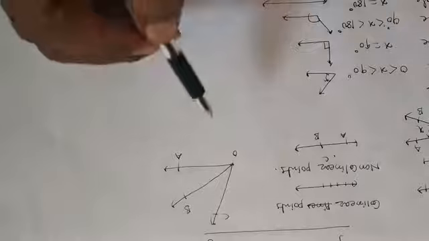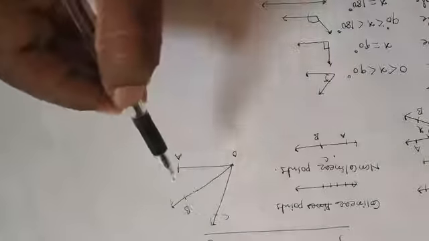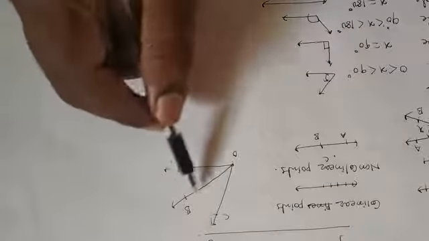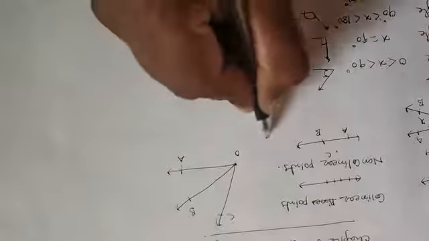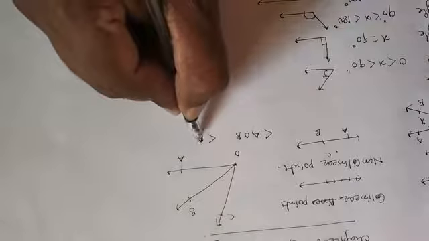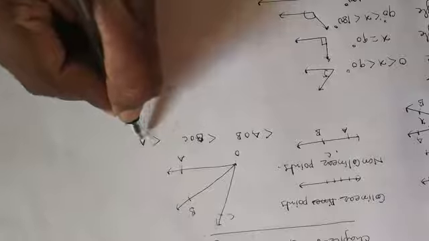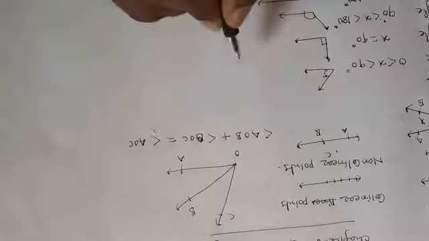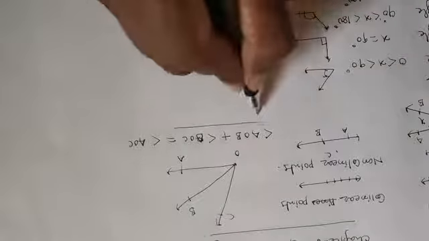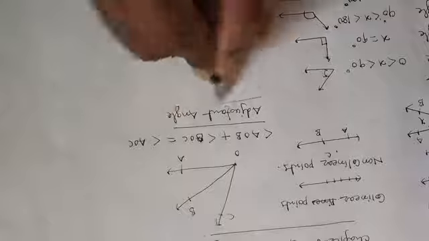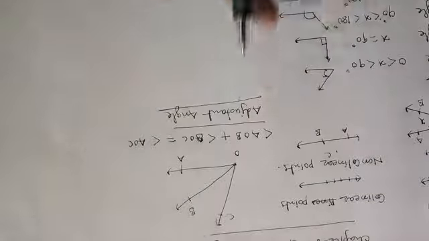Then OB makes two parts of angle AOC, that is angle AOB and angle BOC. The relation is that angle AOB plus angle BOC is equal to angle AOC. So this is called an adjacent angle.